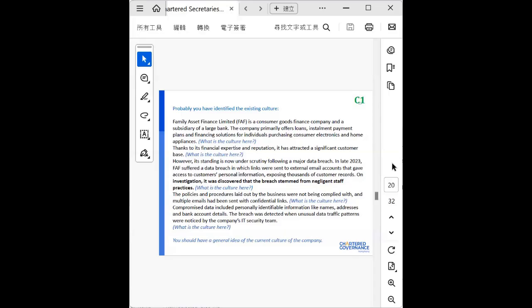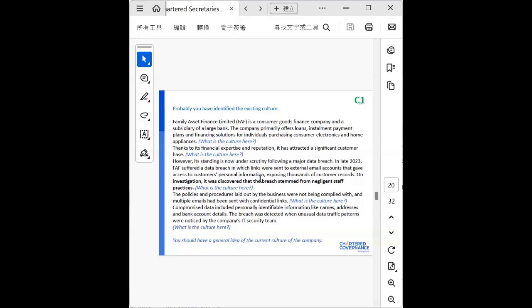And then we look at the third part. Something happened. They find out that there's a breach stemming from negligent staff practice. Supposedly this is a very professional firm, and there is a breakdown of the accountability and compliance culture.